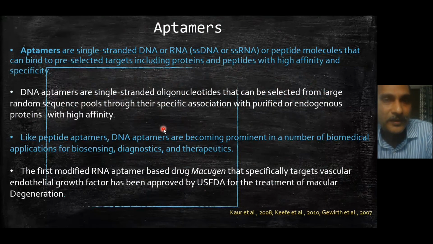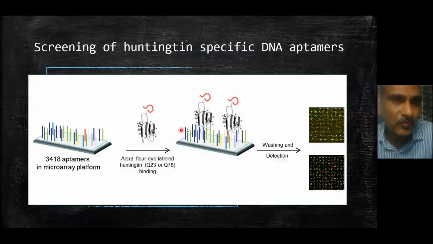So we wanted to know whether we can get a specific aptamer which can target the mutant Huntington protein. Okay, so we did a screening. Here what we do is we used Alexa Fluor labeled purified wild type, that's Q23, or mutant Huntington Q78, and we use these labeled proteins to select from an aptamer library containing 3418 aptamers using a microarray platform. We actually got it done through a company.